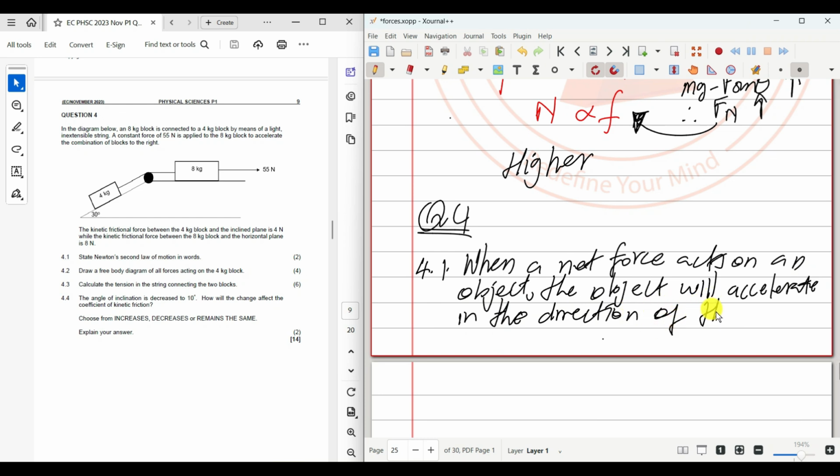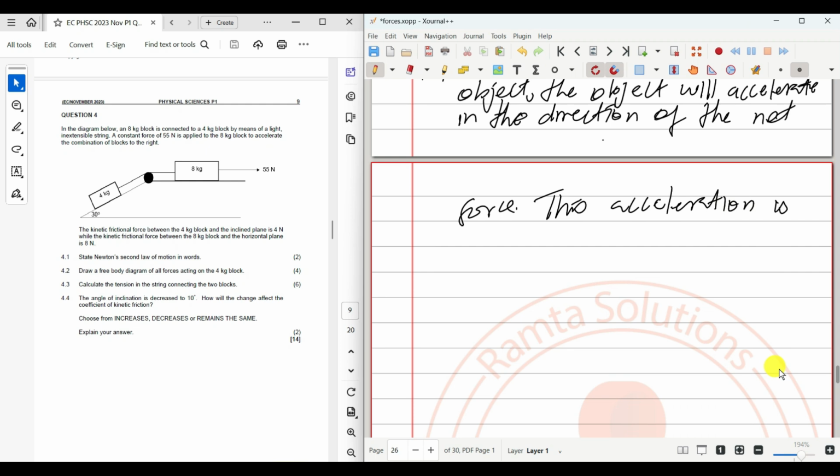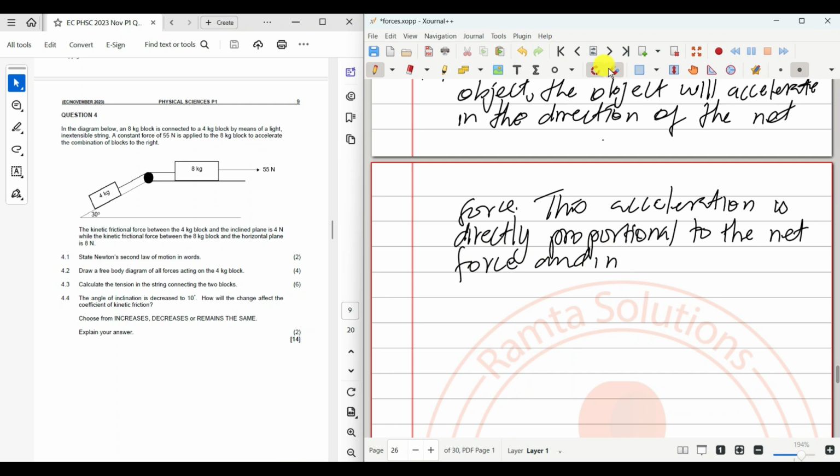This acceleration is directly proportional to the net force, and inversely proportional to the mass of the object.